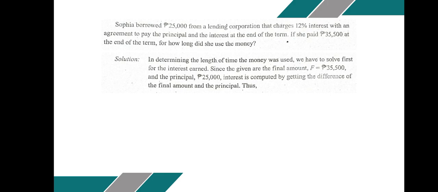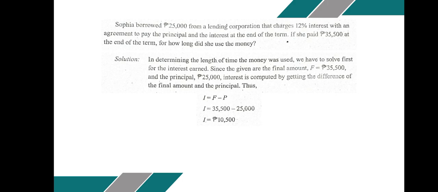So, di ba, meron tayong formula para sa final amount or yung maturity value, which is F is equal to P plus I. So, alamin muna natin kung ano yung interest dito, no? Okay. So, I is equal to F minus P. So, i-derive lang natin yung F is equal to P plus I, okay?